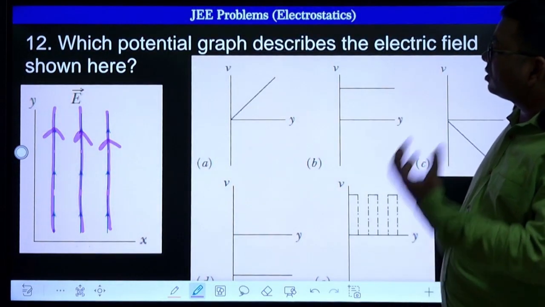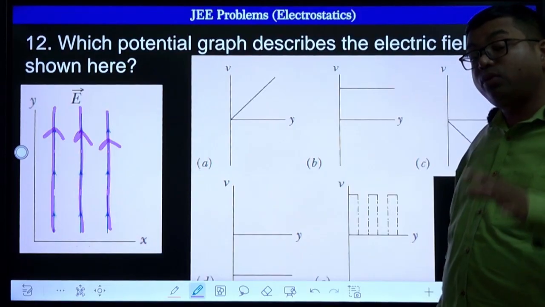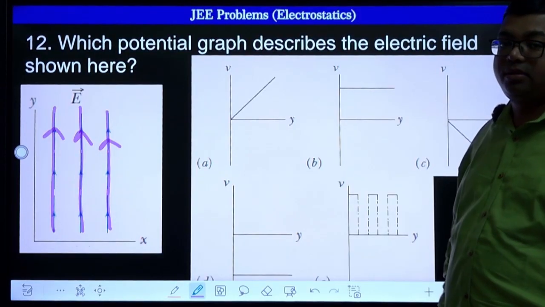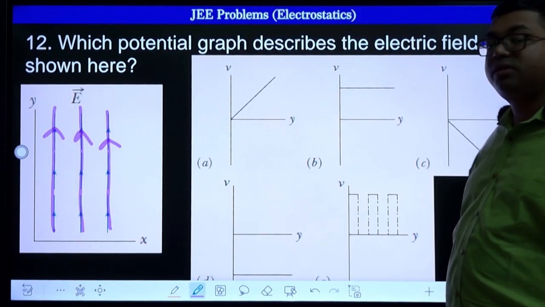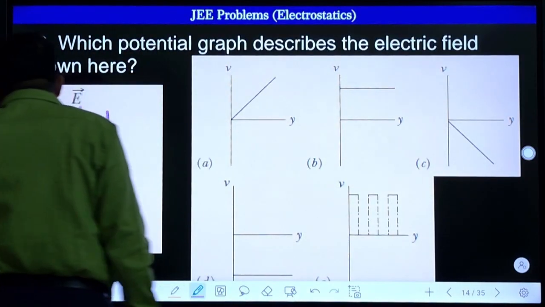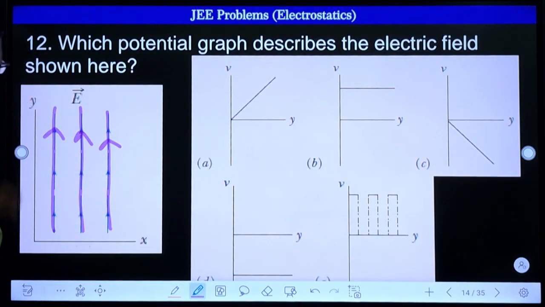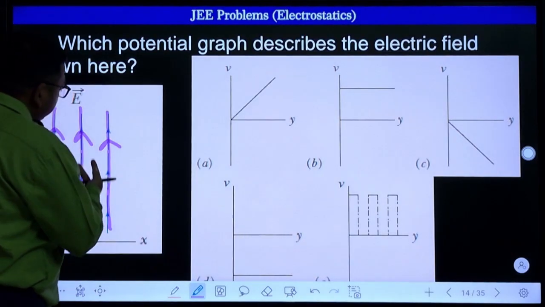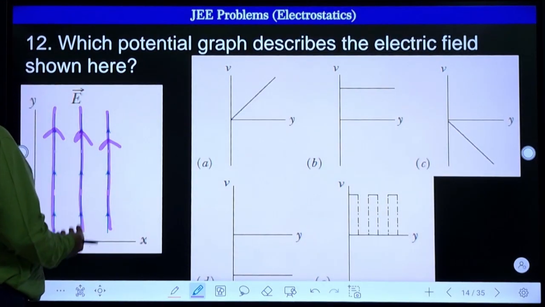Field is only along the y-axis and it's a constant field. Note that the field is constant. It is a uniform field. In which direction is the field existing? Field is existing along the y direction.